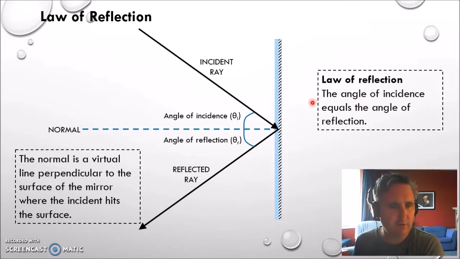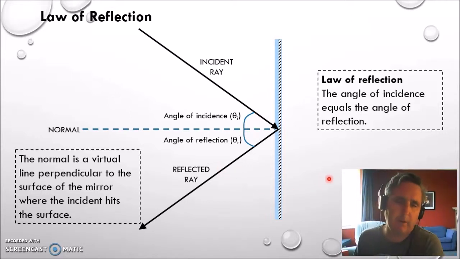The law of reflection states that at whatever angle of incidence the light ray comes in at, it will leave at the same angle of reflection. So the angle of the incident ray to the normal is equal to the angle of the reflected ray to the normal.